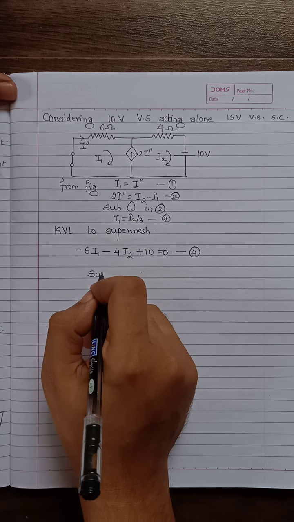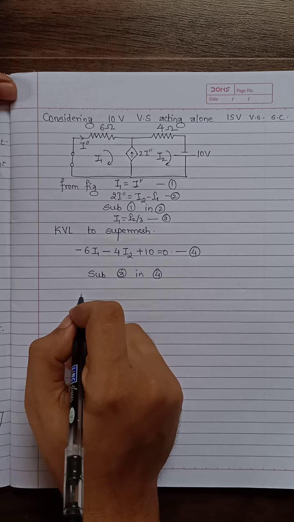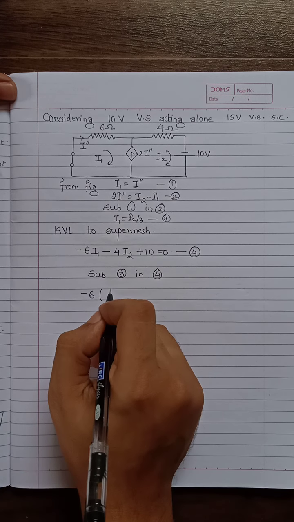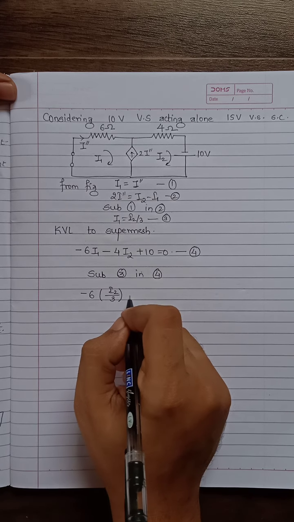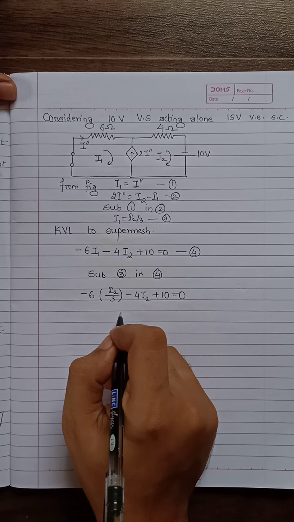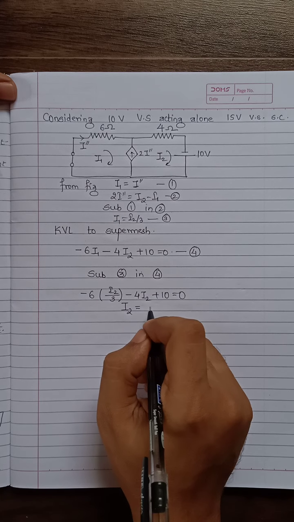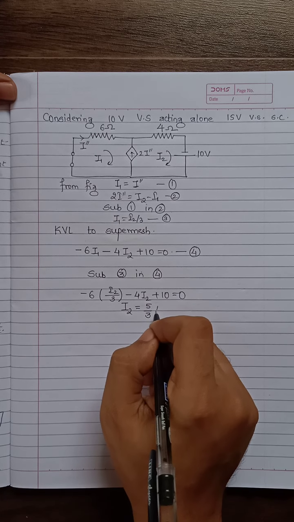I will substitute 3 in 4. So I will have minus 6 I2 by 3 minus 4 I2 plus 10 is equal to 0. On solving, I will get I2 as 10 by 6 or 5 by 3 ampere.